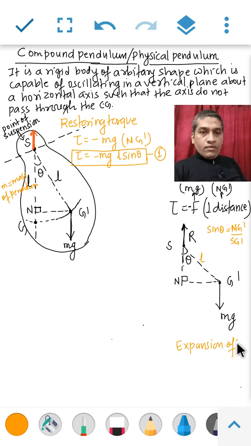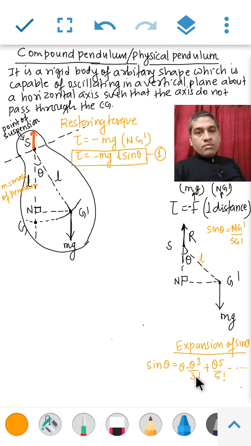Sine theta is expanded in this form: sine theta equals theta minus theta cube by 3 factorial plus theta to the power 5 by 5 factorial, minus, and so on. So in sine, the first term is theta.